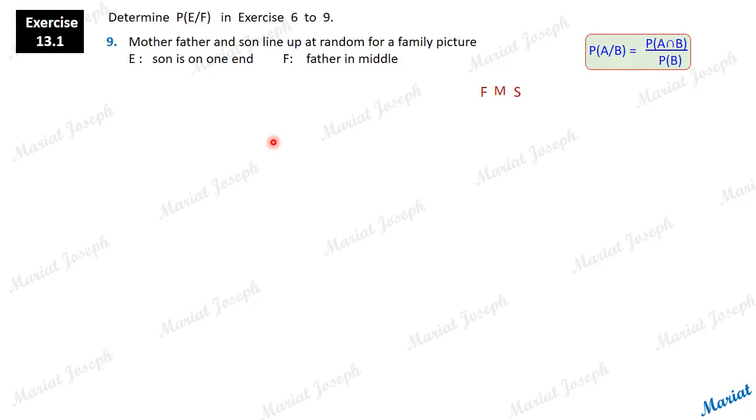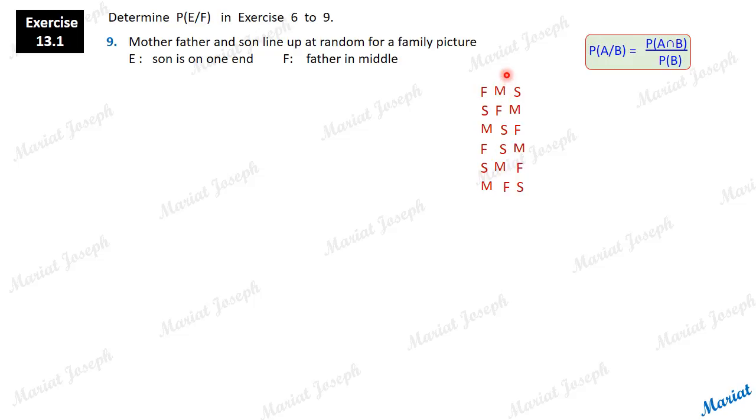Let's look at the sample space. What are the different ways these three people can stand? Different orders, 6 possible ways. Father, mother, son; father, son, mother; and so on. How do we know they are 6 ways? The first position, any of the 3 people could occupy, that is in 3 ways.